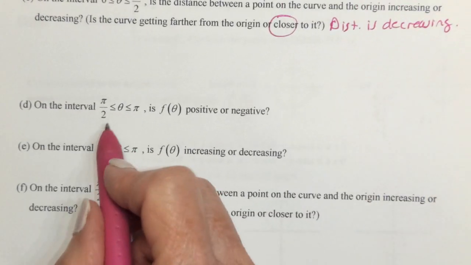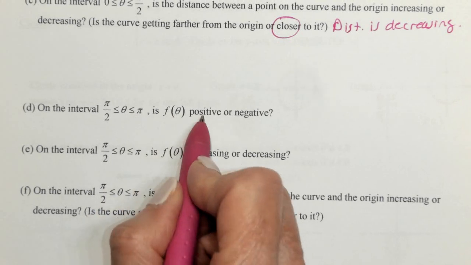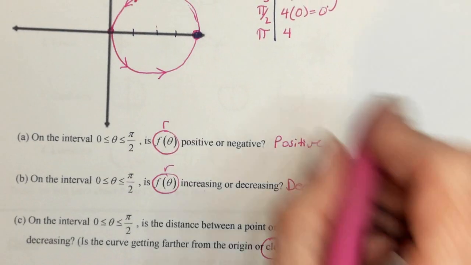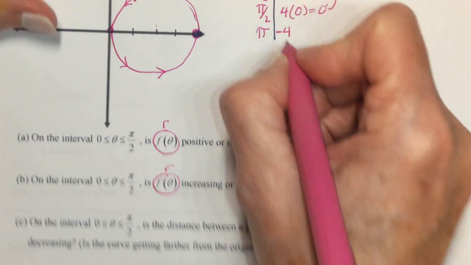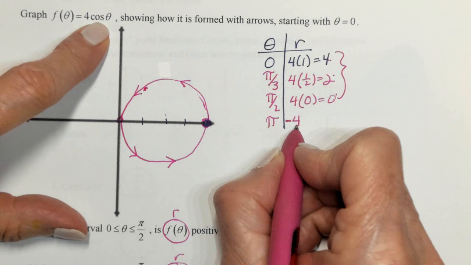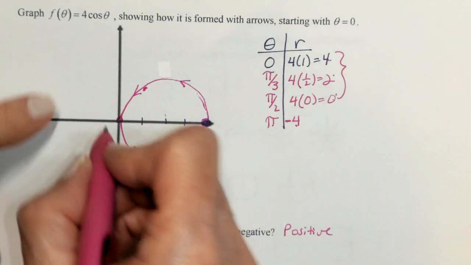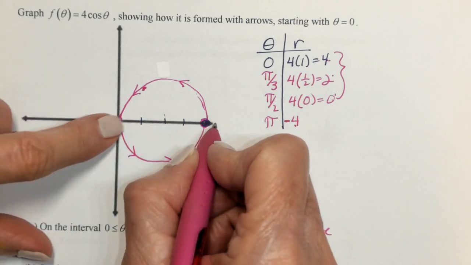Next up, from pi over 2 to pi, is r positive or negative? Oh, I should have said that up here, when theta is pi, r is negative 4, not positive 4. If it was positive 4, it would be out here, and it's not. It's over here.